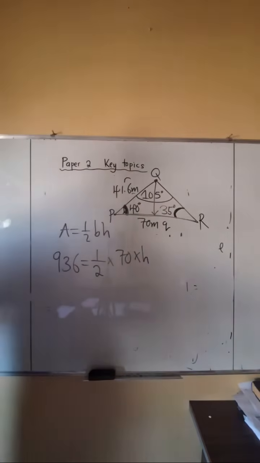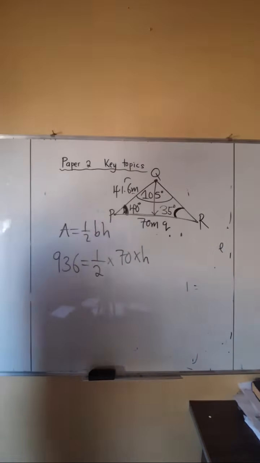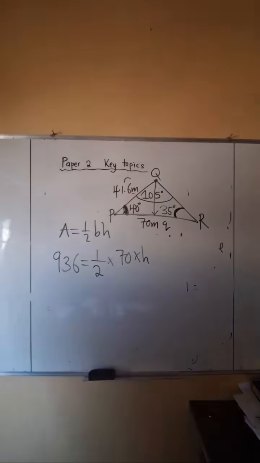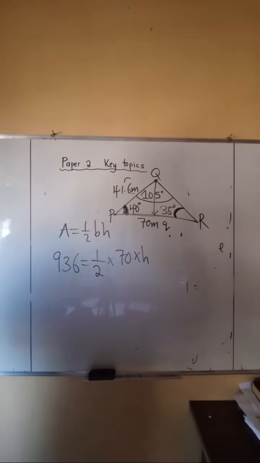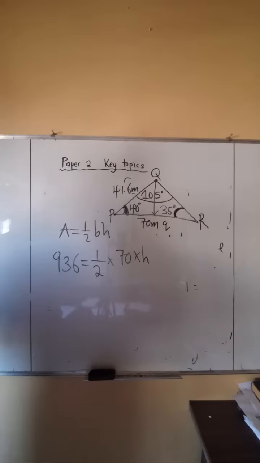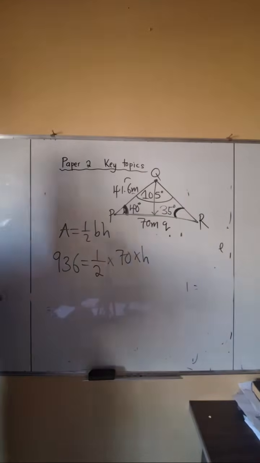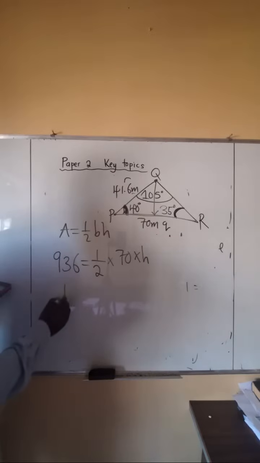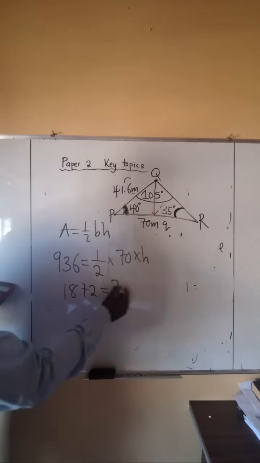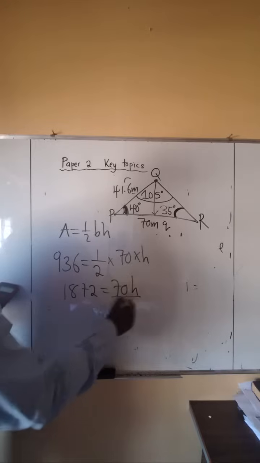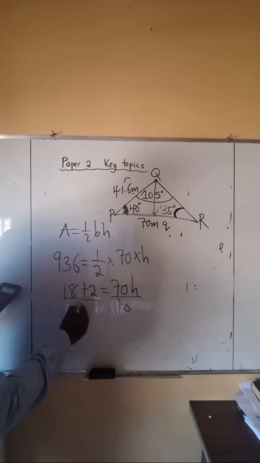Solve for H. You're going to cross multiply, of course, or if you want, you can divide. It's okay. 2 times 936, we are getting 1872, which is equal to 70H over 70.